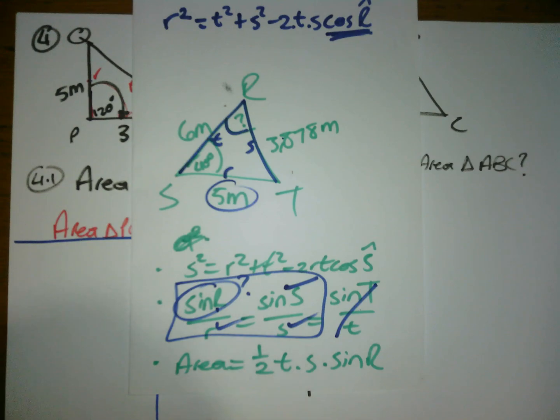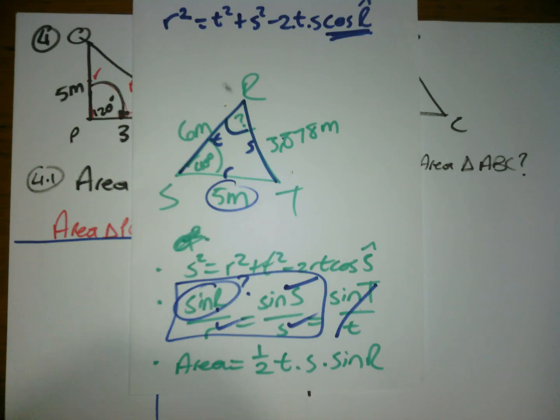Must you first calculate one side to get the angle? Must you first calculate the angle to get the side they are asking for? I can't tell you which one you must use. What I can tell you is identify what you have, what you've been given, what you've calculated. Then look at the formulas and the rules you know.